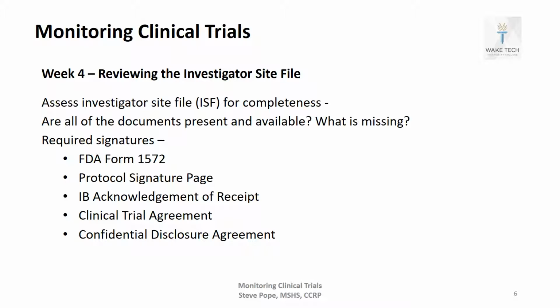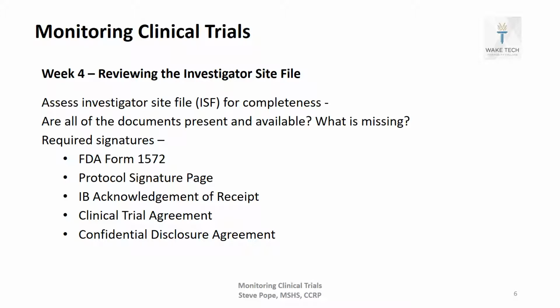The clinical trial agreement. That's essentially the contract between the site and the sponsor that's going to be signed by either the PI or it may be signed by another representative of the site, and then it's going to be signed by whoever the appropriate representative of the sponsor is. So that document is going to be there.